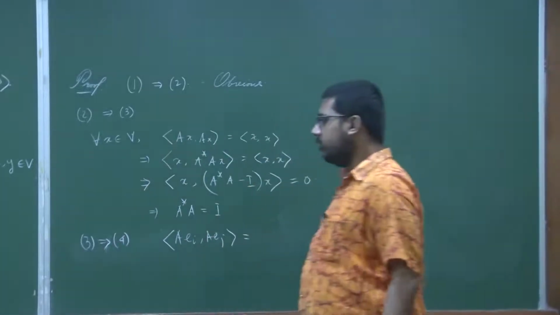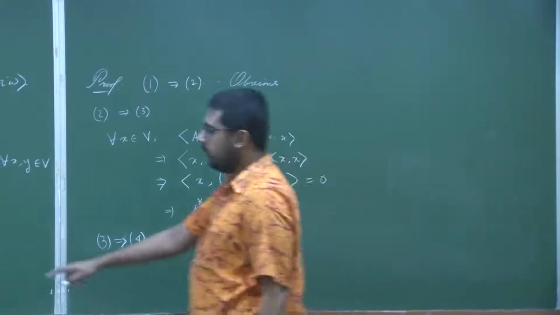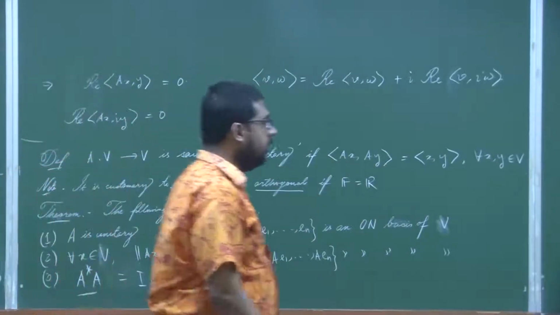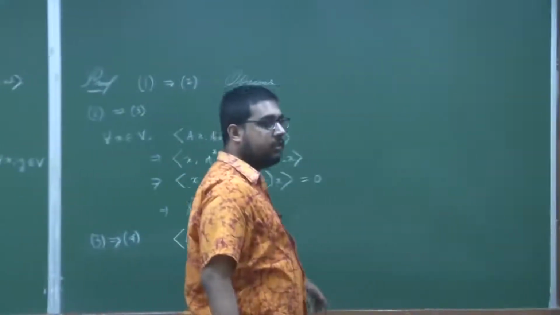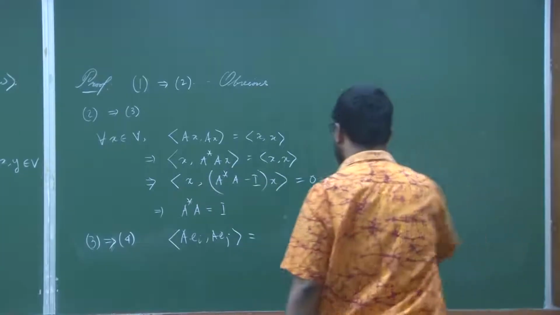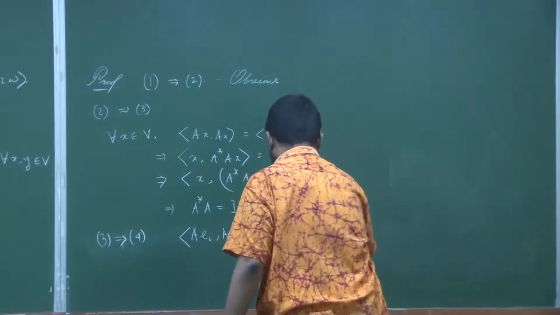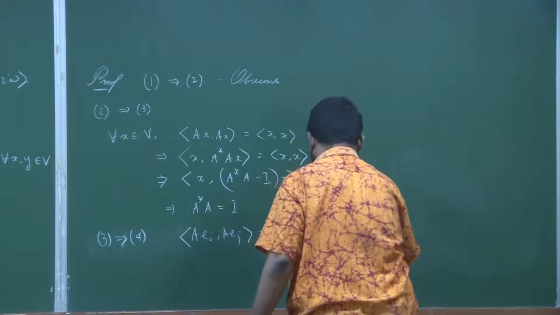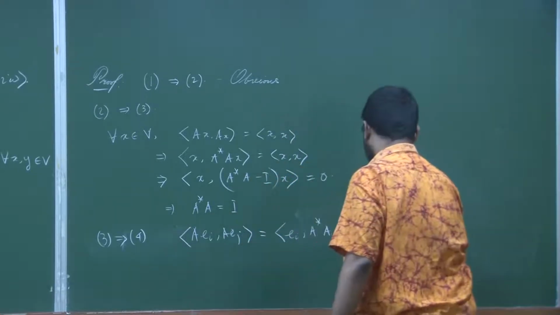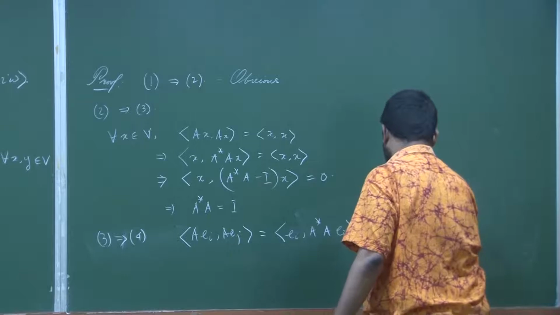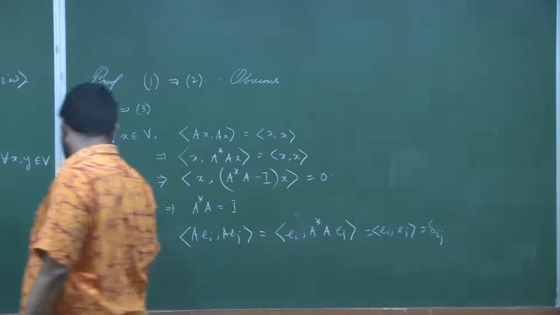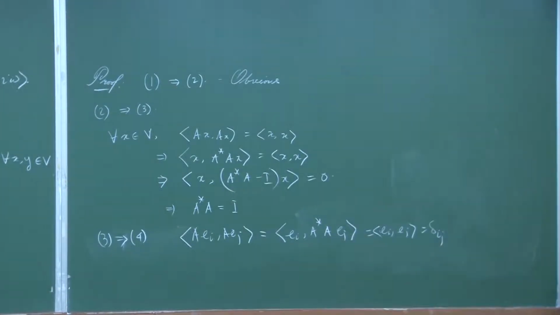In order to show that this is orthonormal, we have to show that for any i, j, the inner product is delta i j. Now, we simply use that the inner product of E i with A star A E j is exactly delta i j. So, 3 implies 4 is also obvious.